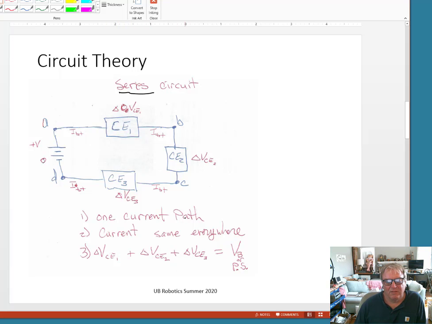So now we have only one current path, and the current is the same everywhere, also inside the circuit elements themselves.